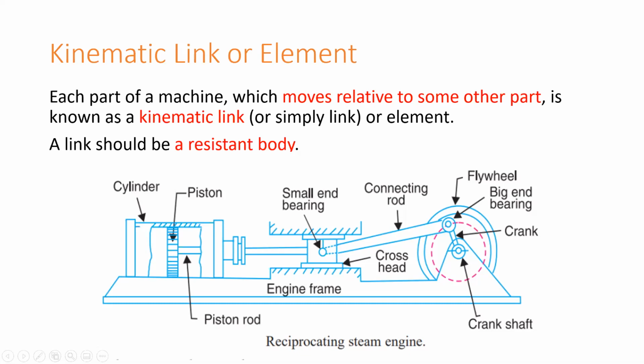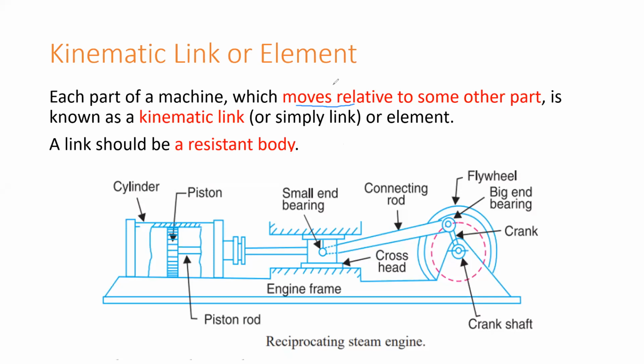See, each part of a machine which moves relative to some other part is known as a kinematic link. From this definition, what is the criterion here?